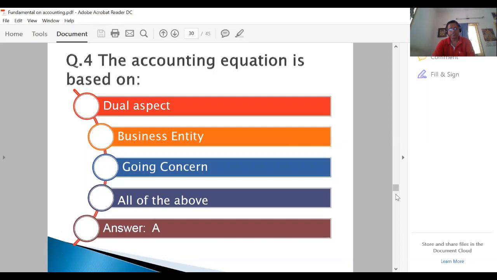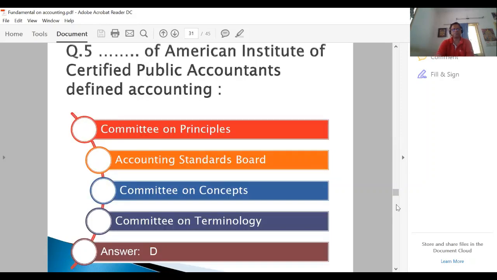The accounting equation is based on dual aspects of accounting. Please remember, the accounting equation is defined as capital is equal to asset minus liability. Capital is also called net worth. Capital is also called equity in the balance sheet, right?